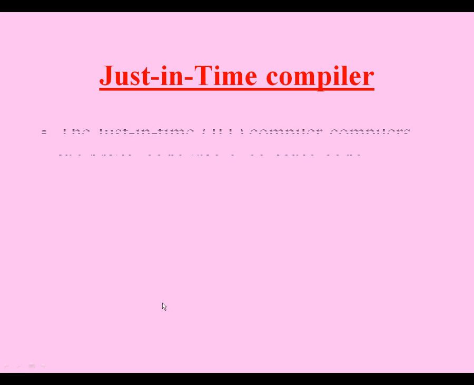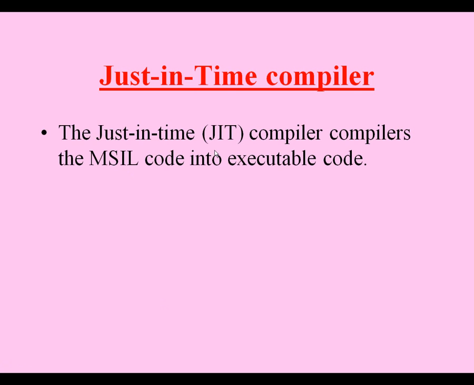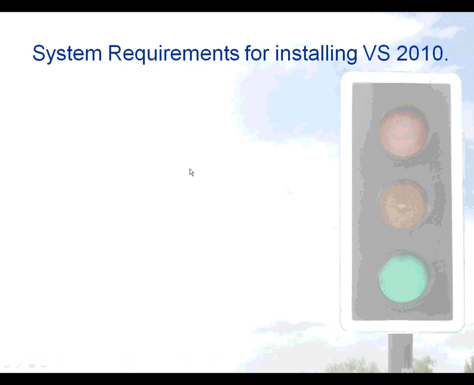Just-in-time compiler. The just-in-time JIT compiler compiles the Microsoft Intermediate Language (MSIL) code into executable code.